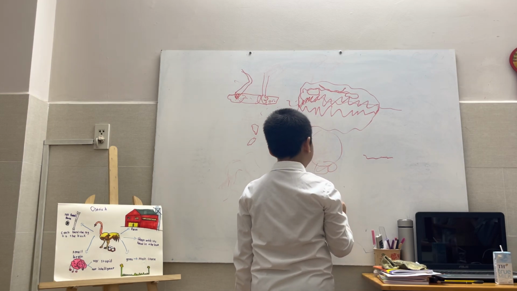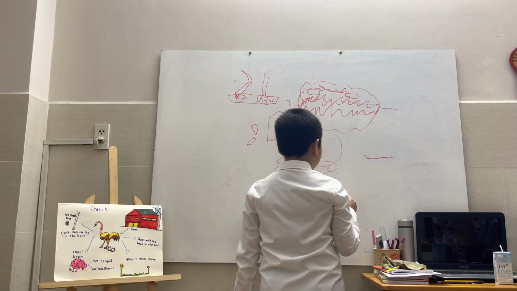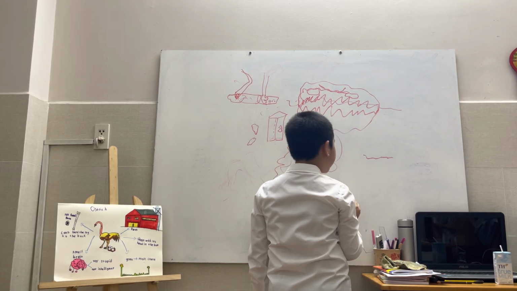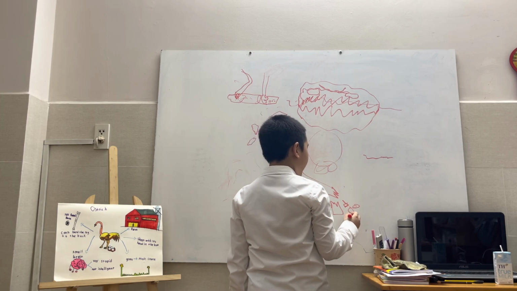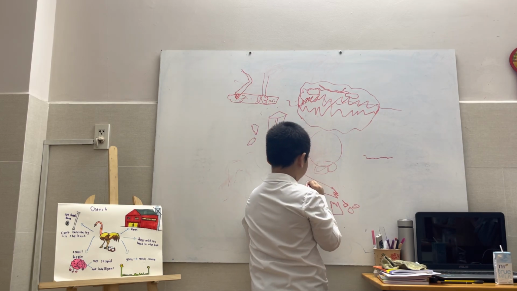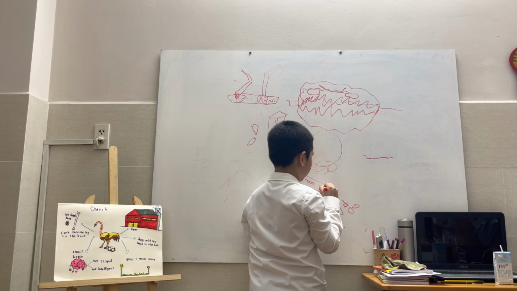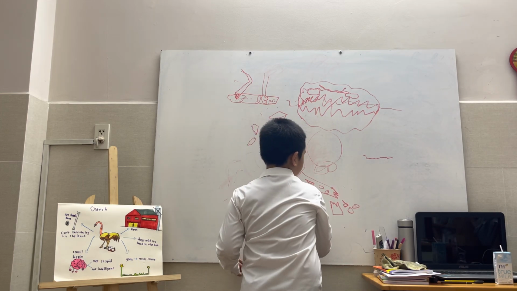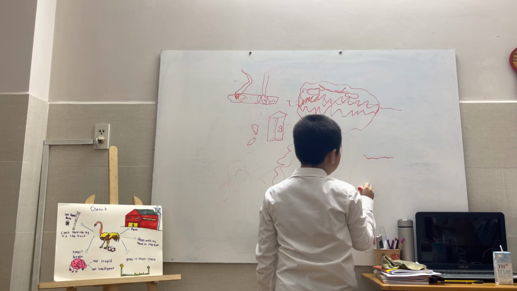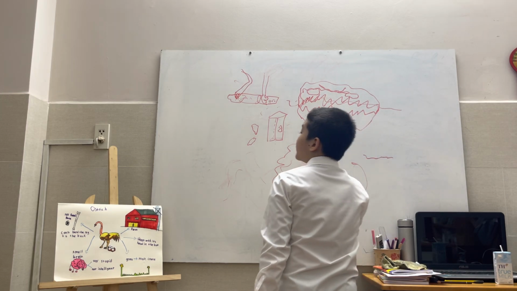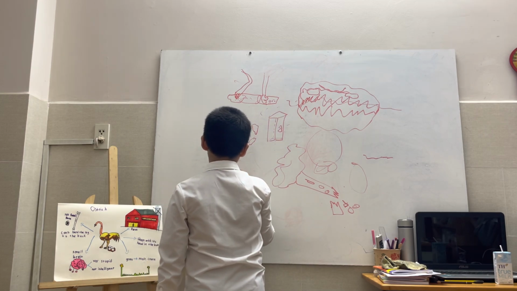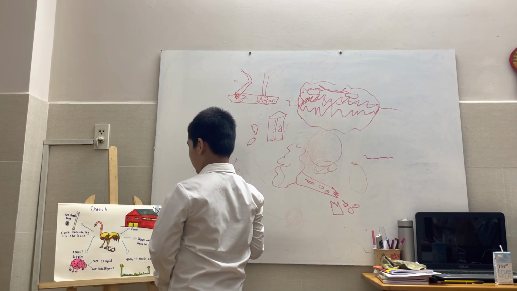Then, look at this broken tree. Can you see these pieces? That is bark from the tree. So bark is actually the covering of the tree. That's why it has to have strong beaks to poke into the tree.